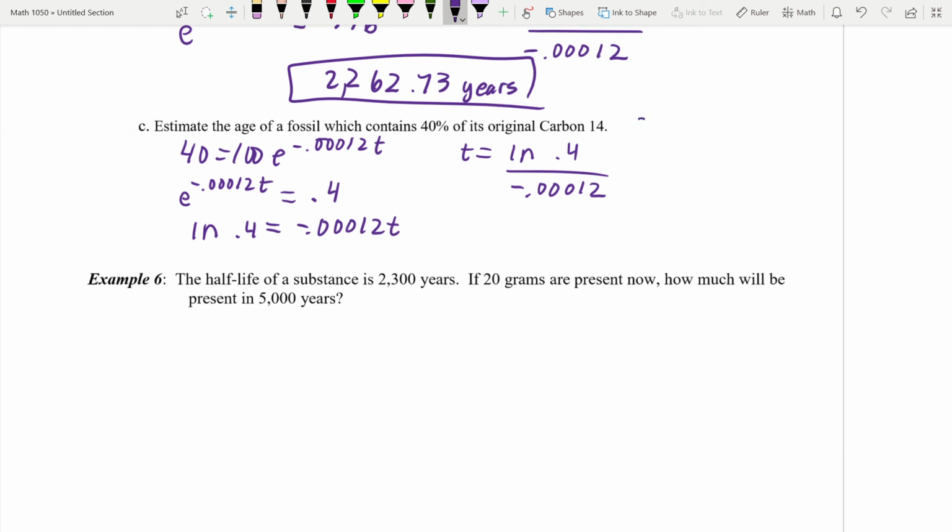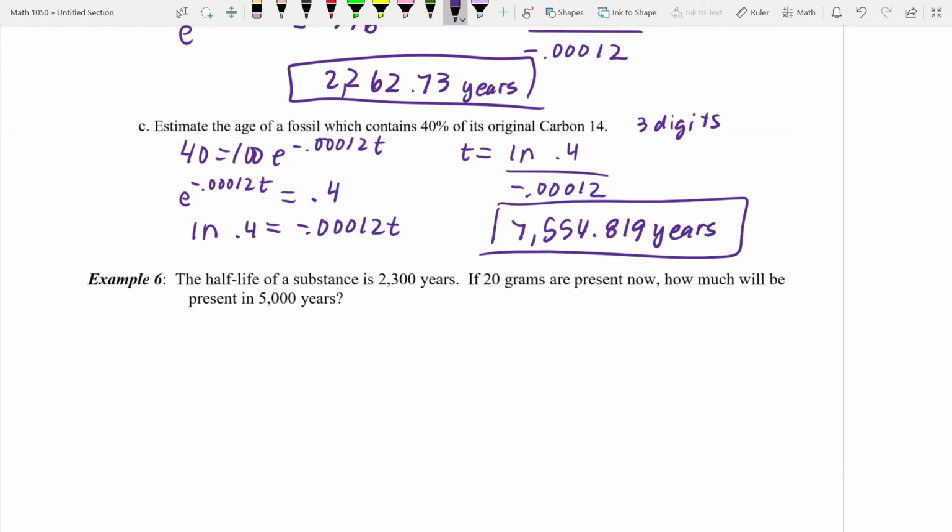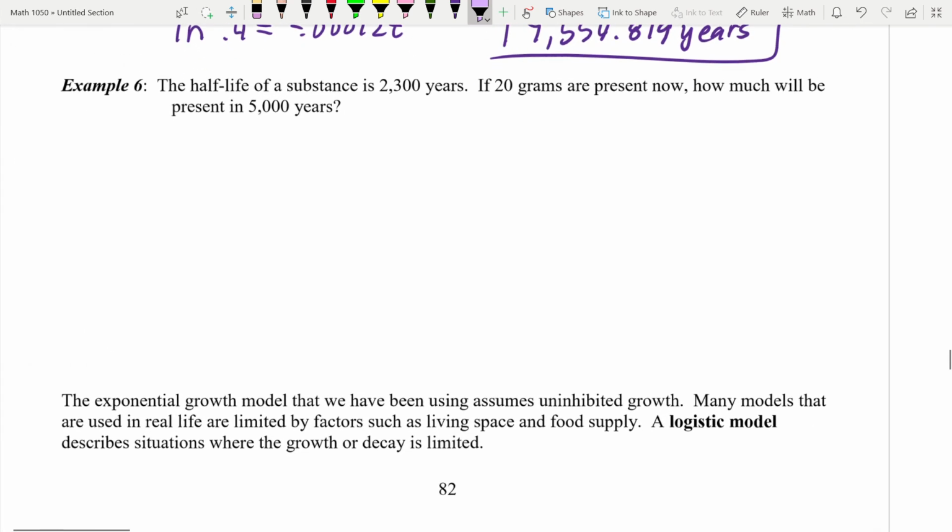We're going to go 3 digits. And the answer is 7,554.819, and that would be years. You can store that in as B. Come over here to the right-hand side. The exponents would be A times B. You should get a 40. Okay?